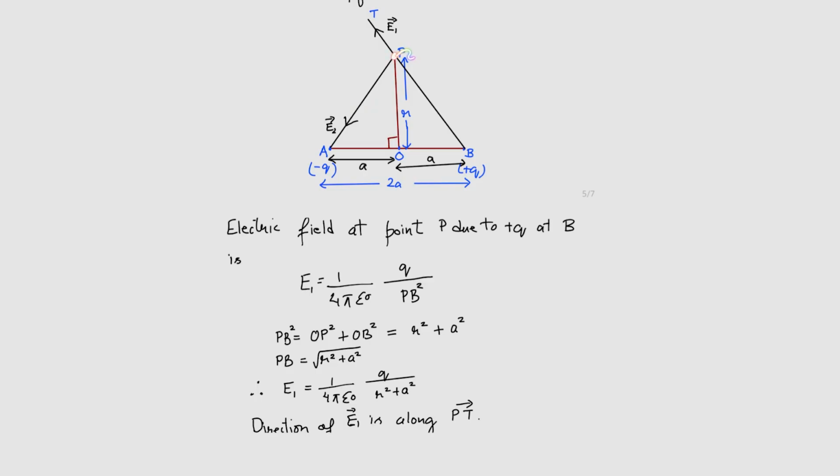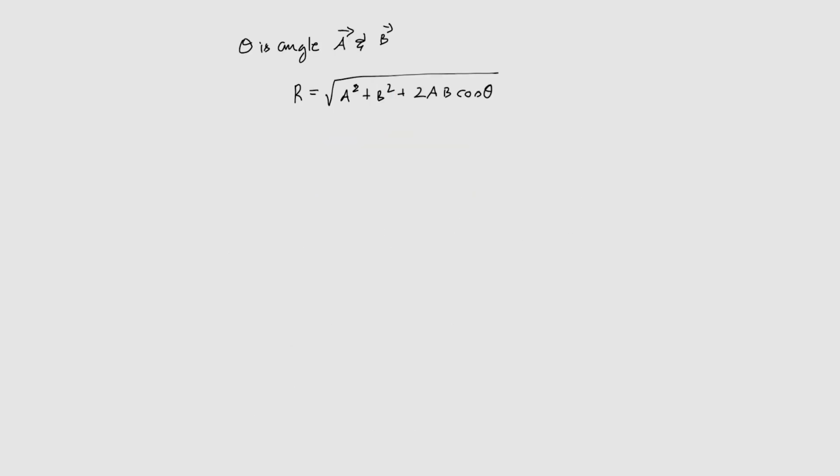So, at point P, we have electric fields in different directions, right? Now to find the resultant, we use the resultant formula. If theta is the angle between A vector and B vector, the resultant is R equal to root over A square plus B square plus 2AB cos theta.